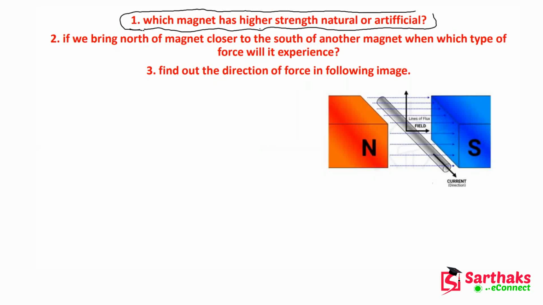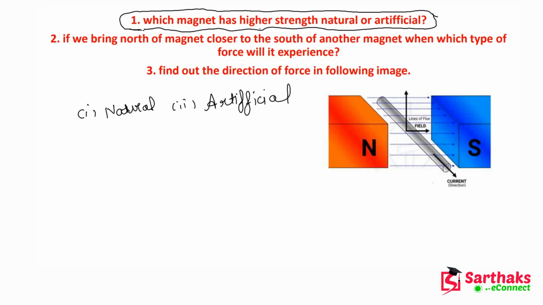This is the first question: which magnet has higher strength, natural or artificial? Basically there are two types of magnet. First one is natural and the second one is artificial.